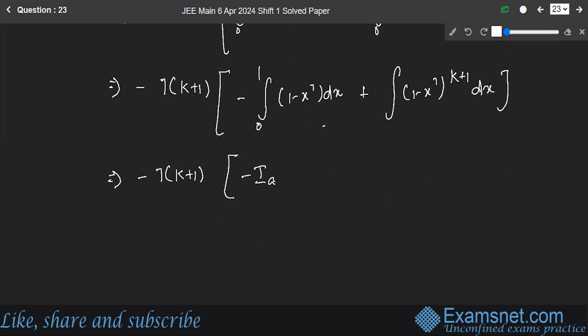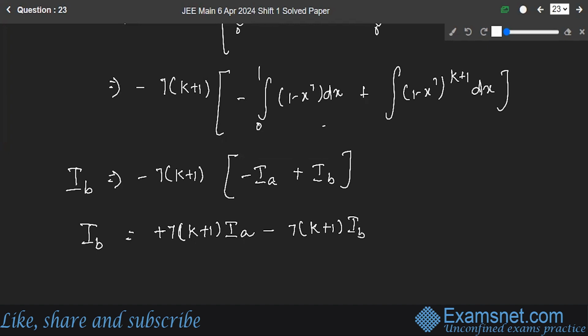This is minus IA plus IB. We were solving for IB only. So let's open up. IB is equal to minus 7 (k plus 1) into IA, minus minus it will be plus, and this will be minus this into IB.